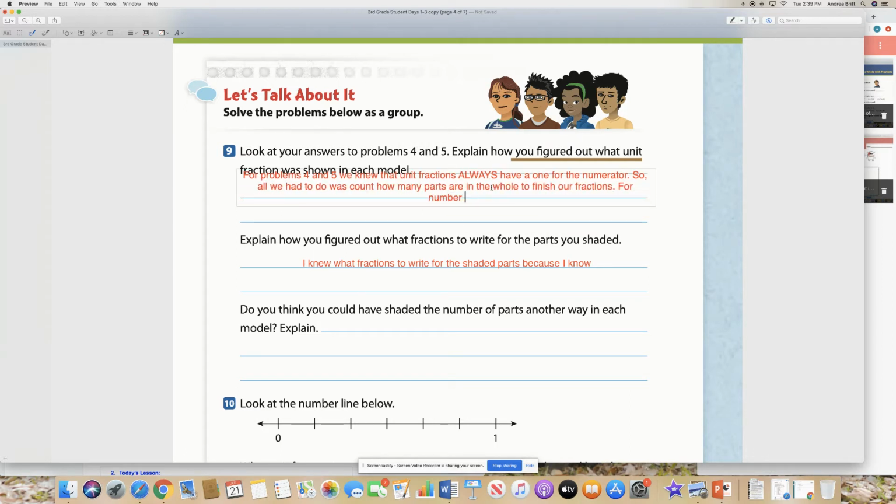For number 4, there are 4 pieces in the whole.